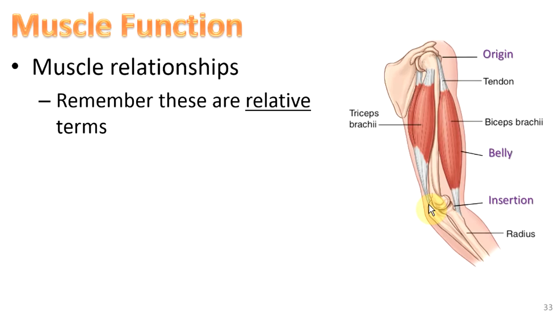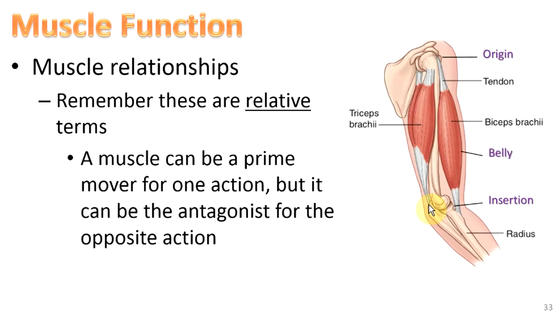And as I said, I switched the motion to straightening the elbow out. Okay, so a muscle can be a prime mover for one action, but it can be the antagonist for the opposite action. So the biceps is not always the prime mover and the triceps is not always the antagonist.